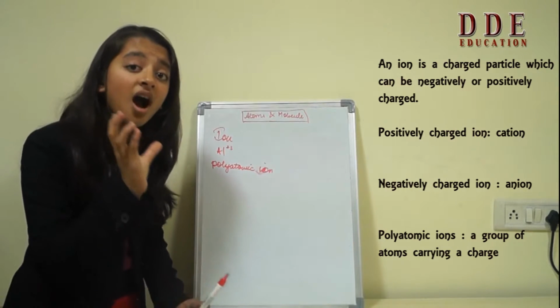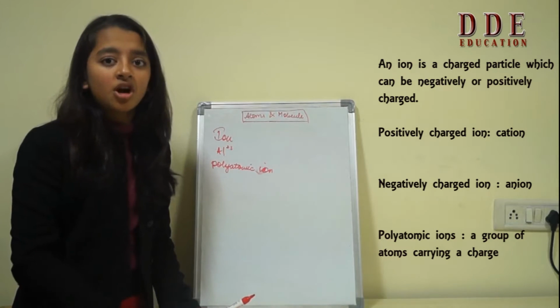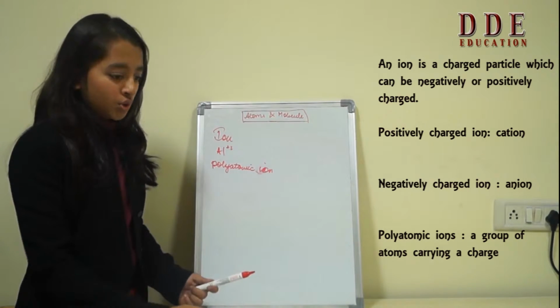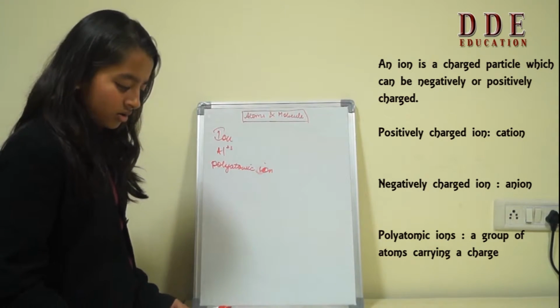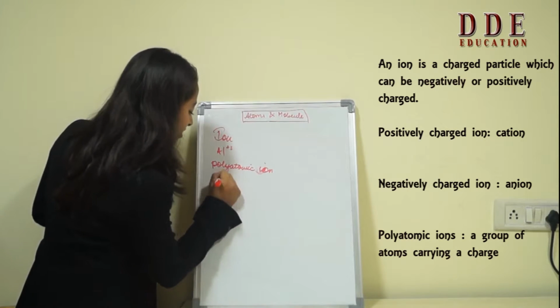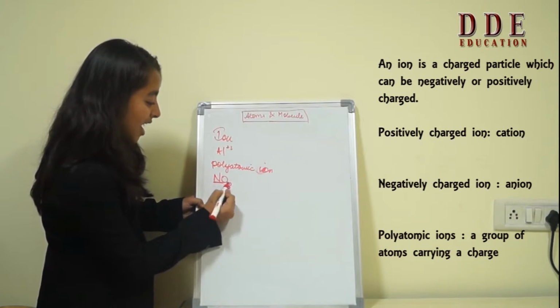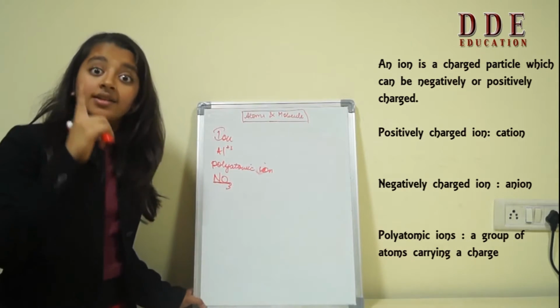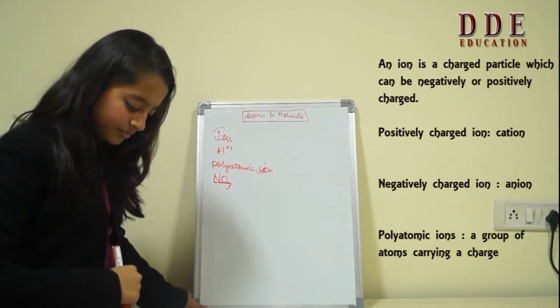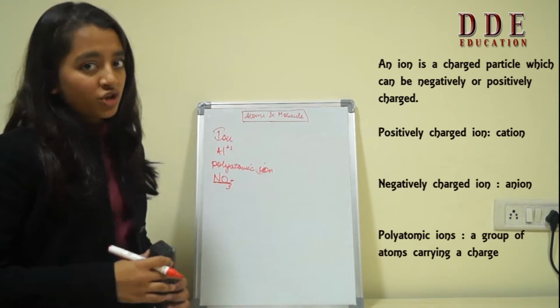A polyatomic ion is a group of atoms carrying the same charge. An example of a polyatomic ion is NO3, that is nitrate. In this, nitrogen and oxygen carry the same charge. This is what a polyatomic ion is.